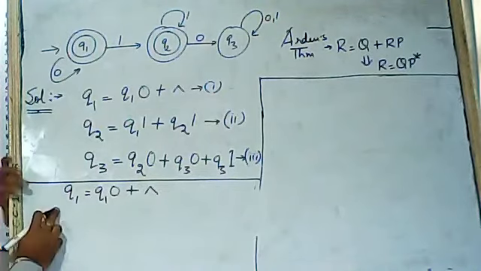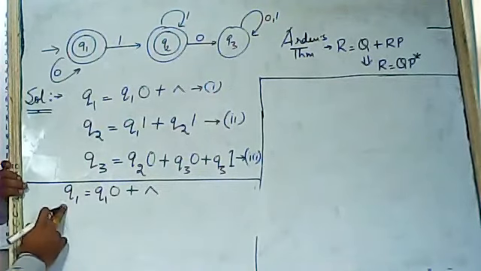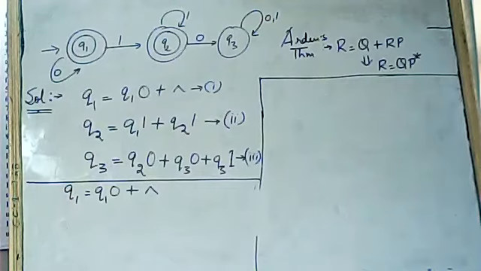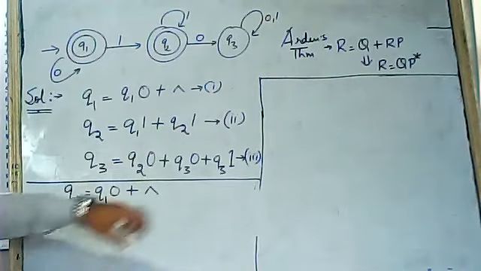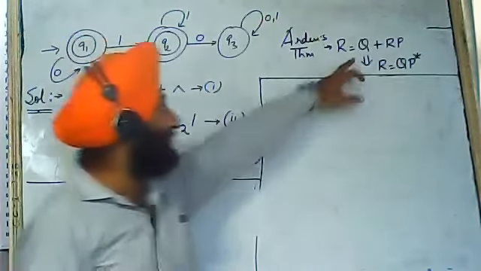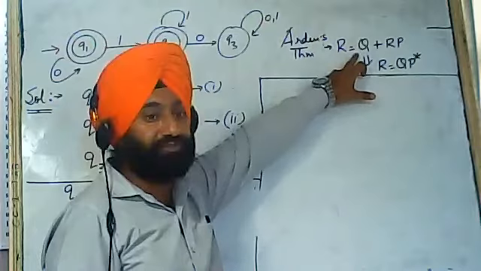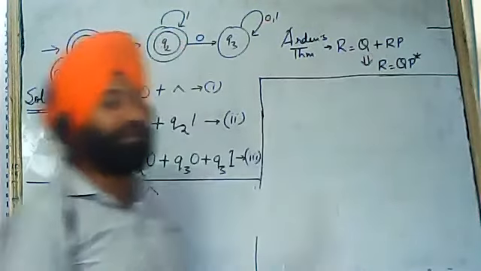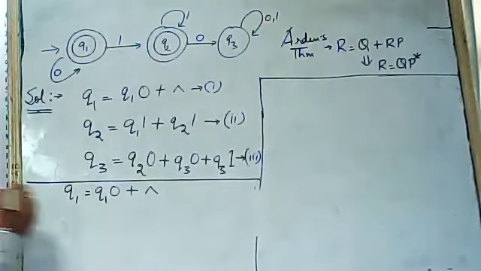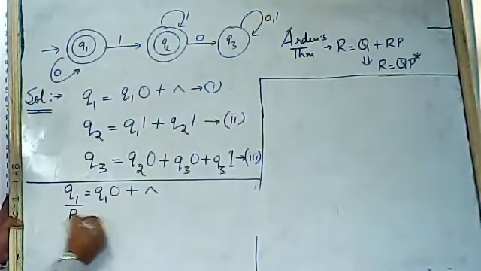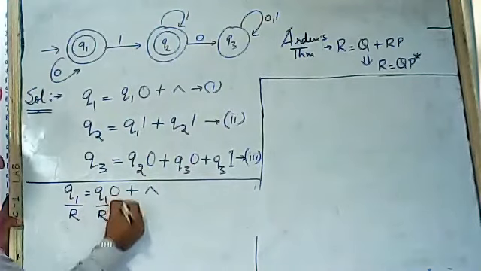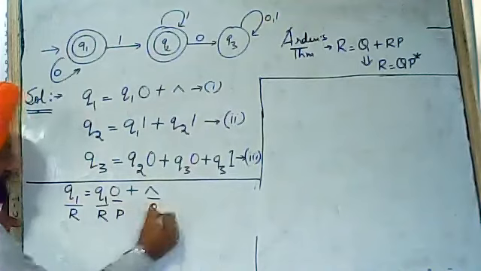So let me compare this equation with your original equation, which is written as R is equal to Q plus RP, right? So when you compare it, this is your R, P and Q.